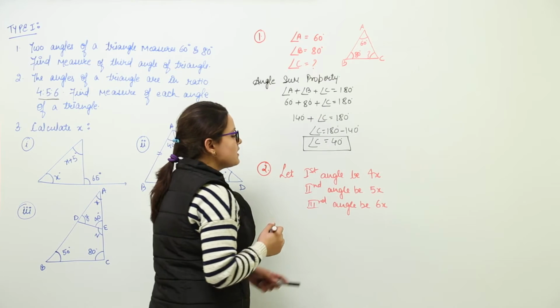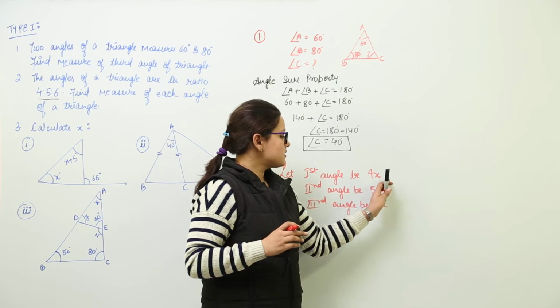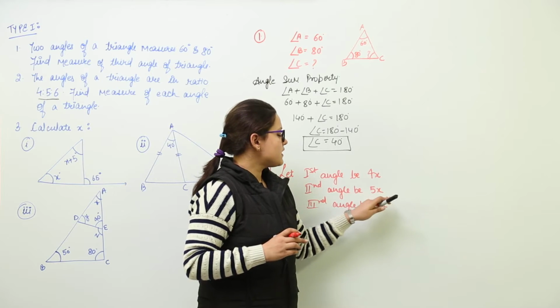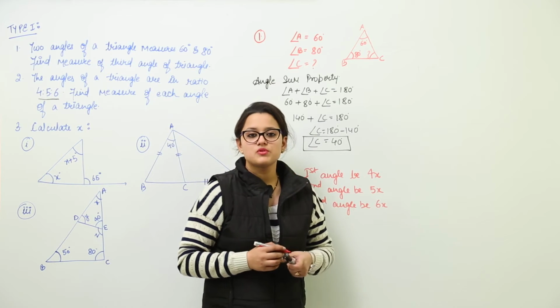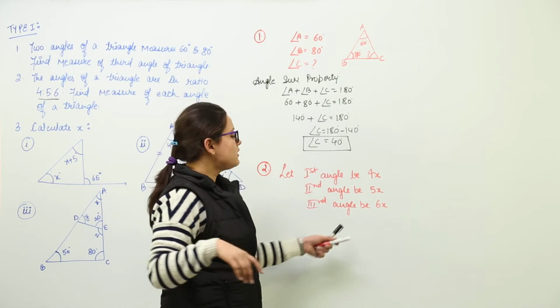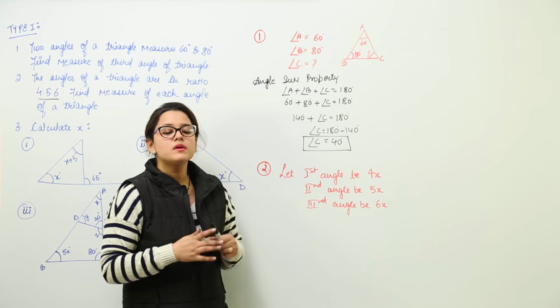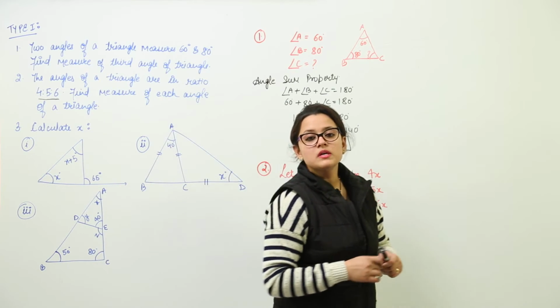Why have I taken x? Because x can be any quantity. That is 4 times x, second is 5 times x, and third is 6 times x. So whatever the value, I have assumed it to be x. So now the first angle becomes 4x, second becomes 5x, and third will become 6x.